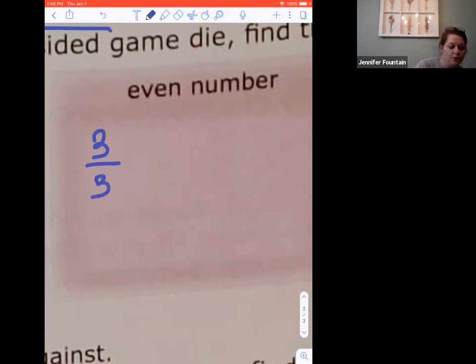Now I have 3 over 3, which is equal to 1 over 1. Now, one of the differences here is I would go ahead and write this as 1-to-1. I don't want to say it's a probability. It's the odds. I have to say the odds are 1-to-1. Okay. So I would still leave this as 1-to-1. I would not simplify it to a whole number 1 and go to 100%.